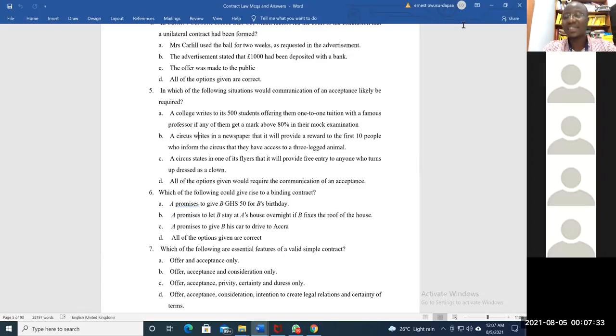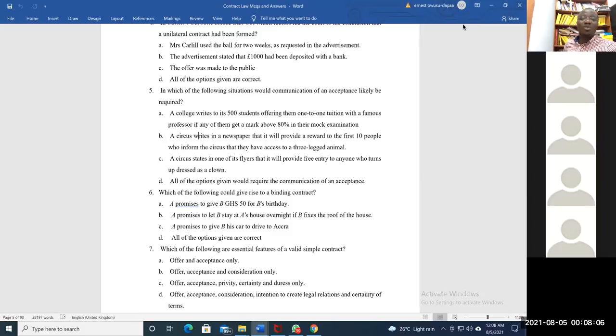A, if we look at it, satisfies the usual appearance of a unilateral offer. So that one is out because we know that doesn't require communication of acceptance. Okay, then you come to the C. C also meets the typical nature of the unilateral offer because a particular act is stipulated to be done and then you're entitled to the promised reward.